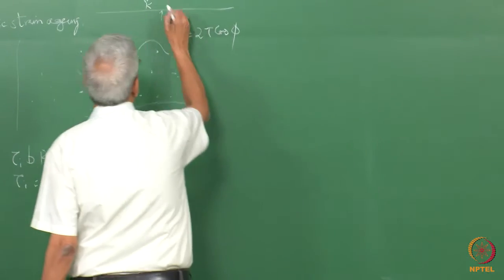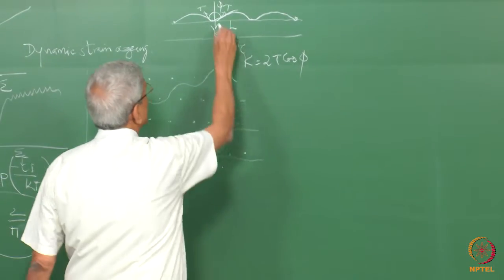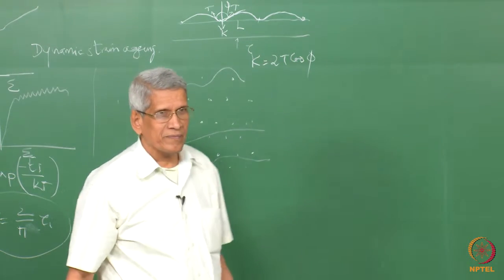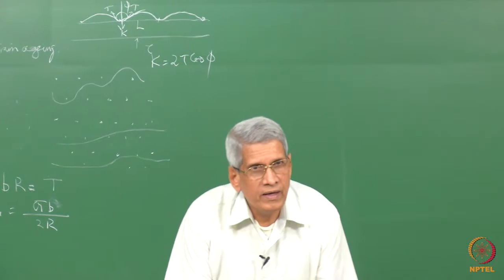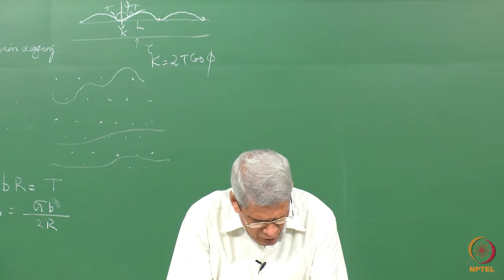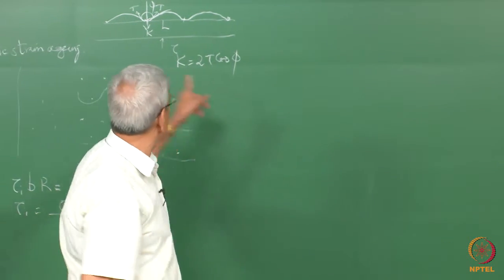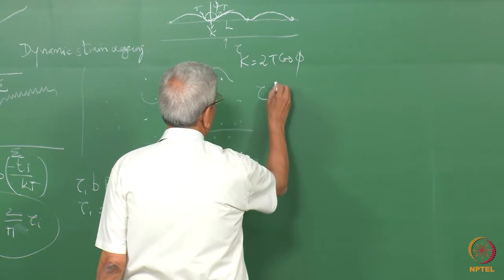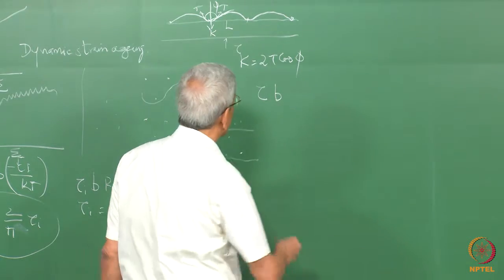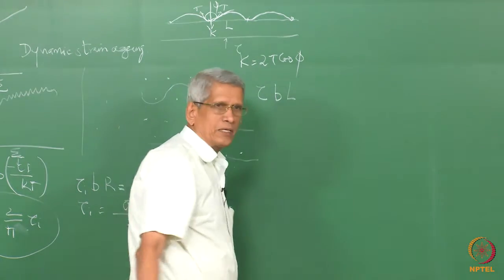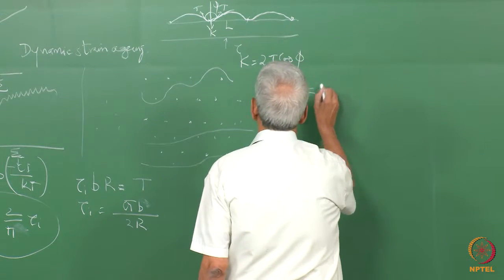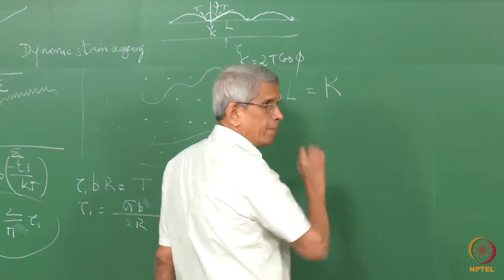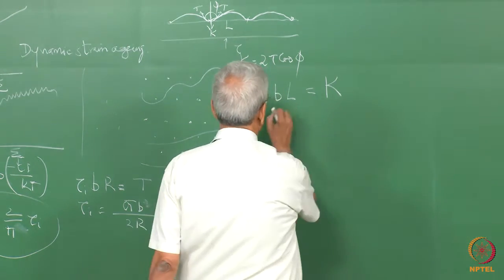And suppose this separation is L from here to here. It bends into a radius, correct? When it bends into a radius, what will be the applied force which is going to act? That's going to be tau into b into L, the separation between them. This is going to be equal to the force K. And this is a very critical one.